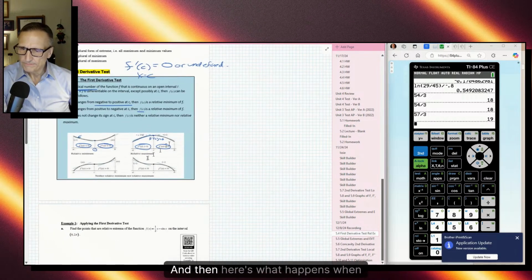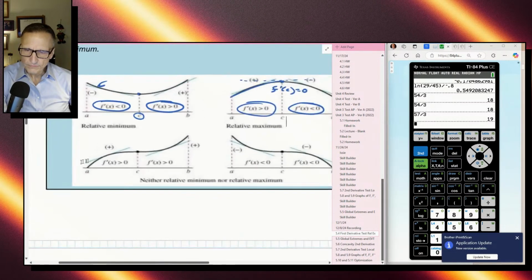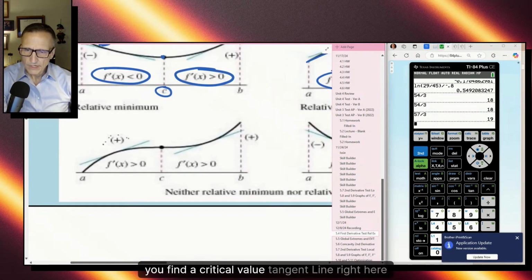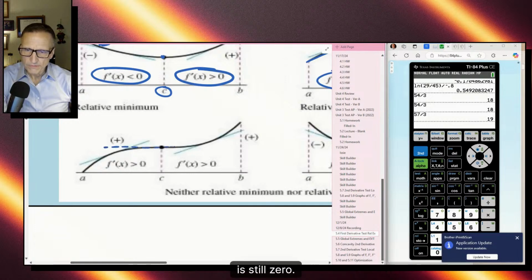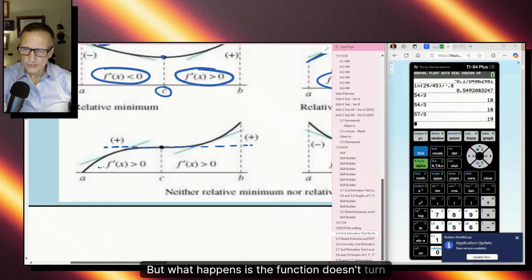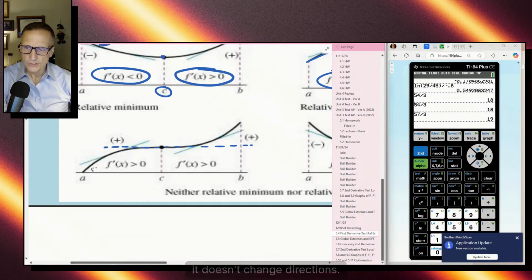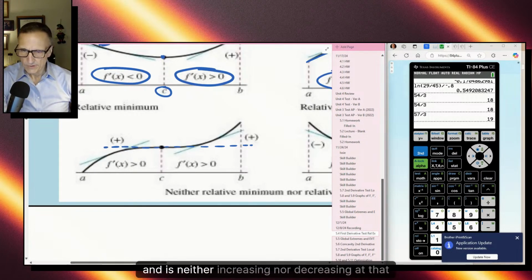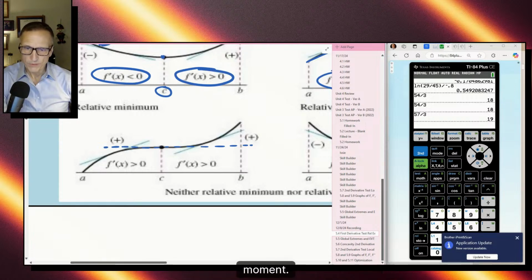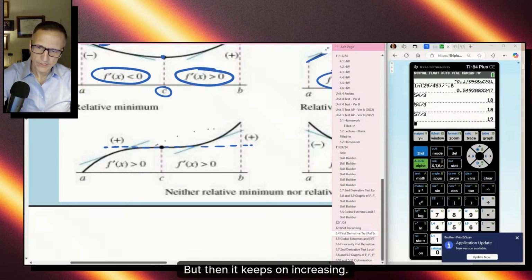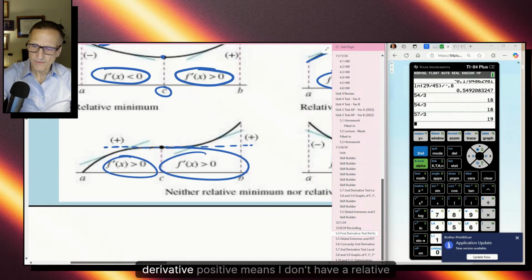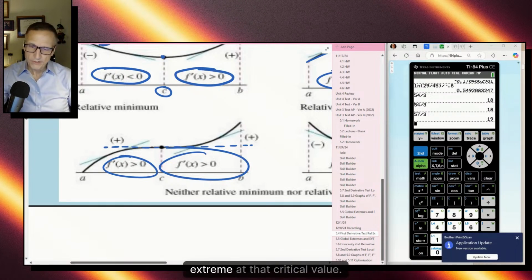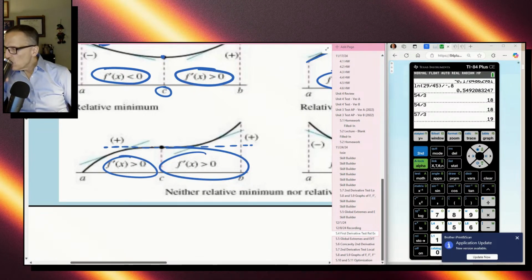All right, and then here's what happens when you find a critical value where the tangent line is still 0, but the function doesn't turn. It doesn't change directions. It was increasing, it pauses, and is neither increasing nor decreasing at that moment, but then it keeps on increasing. So derivative positive means I don't have a relative extreme at that critical value.